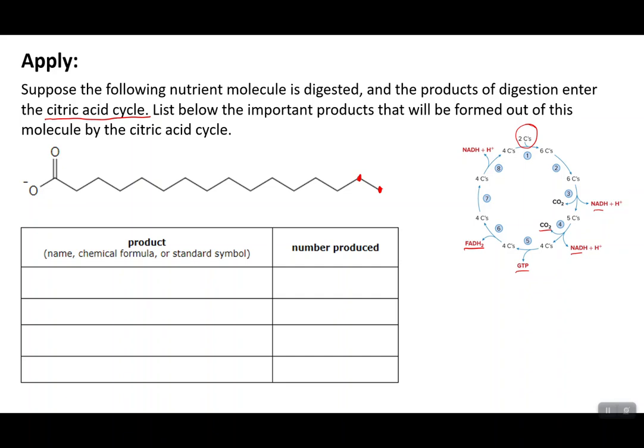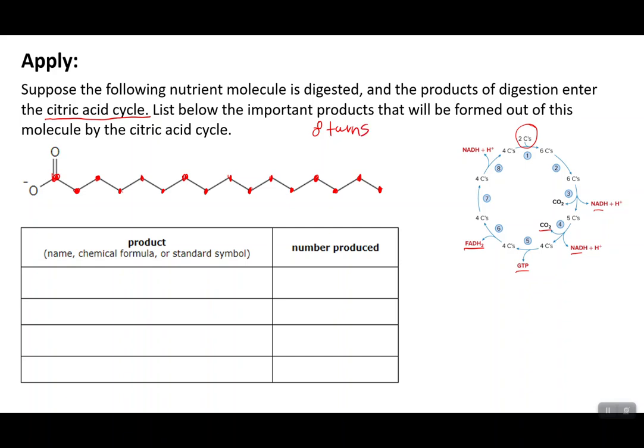Those two carbons come in and generate one turn. That means the next two carbons represent turn number 2. Then this represents turn 3, turn 4, turn 5, 6, 7, and 8. So here I am undergoing 8 turns.